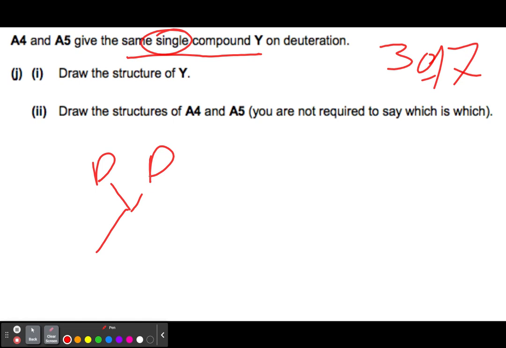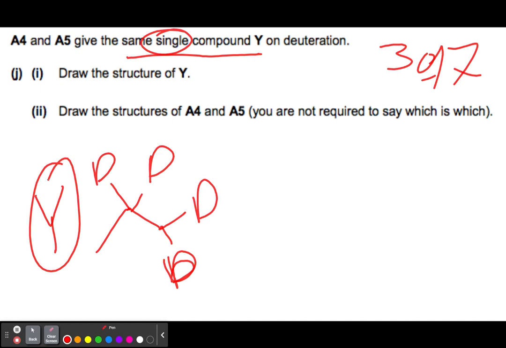is that the D's are arranged like this. And so this is Y. And so the way to get A4 and A5 is essentially to remove 2 deuteriums in some way and see what happens.